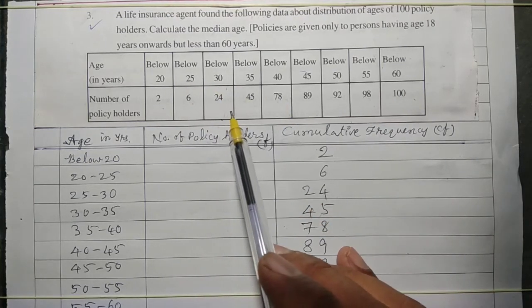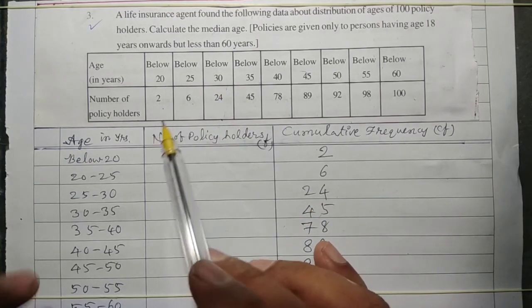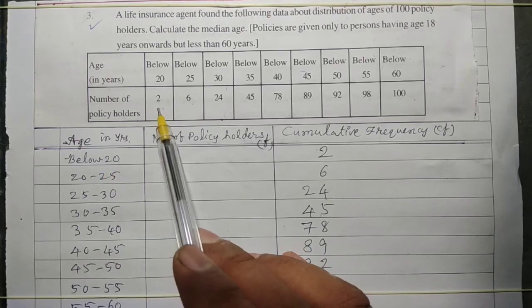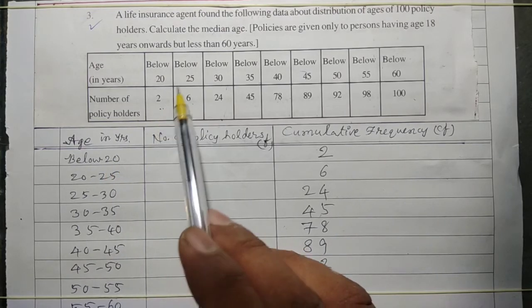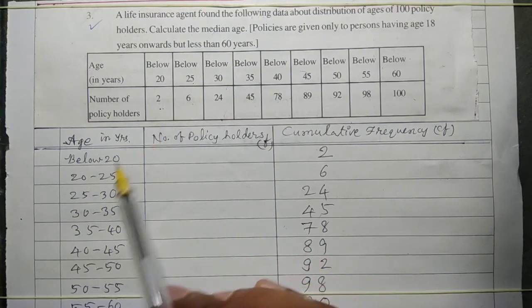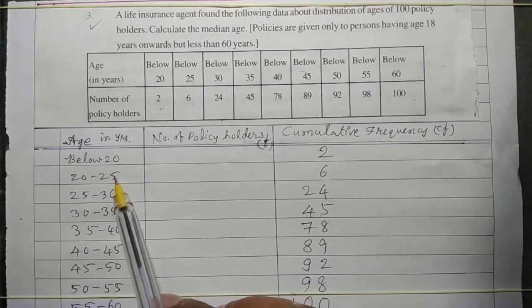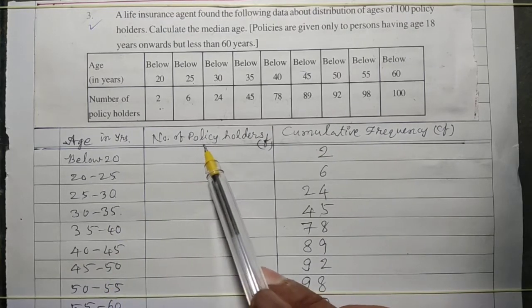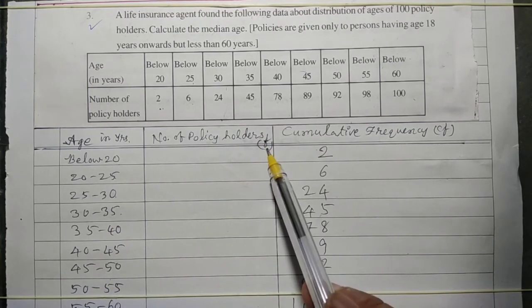Basing this data, we have to prepare columns like this: 20 to 25, 25 to 30, 30 to 35, and for the number of policy holders, we have to find the frequency.